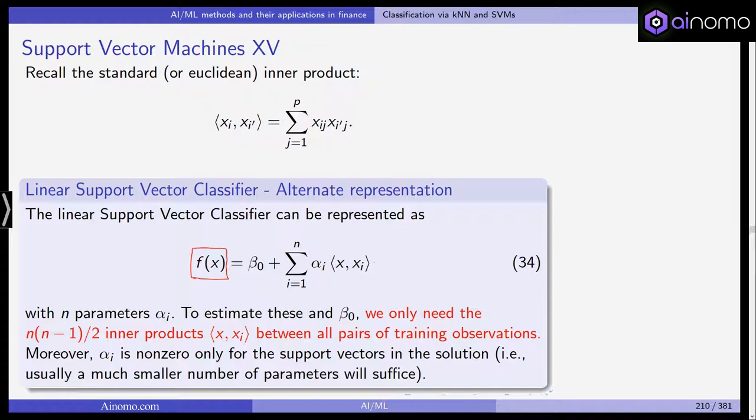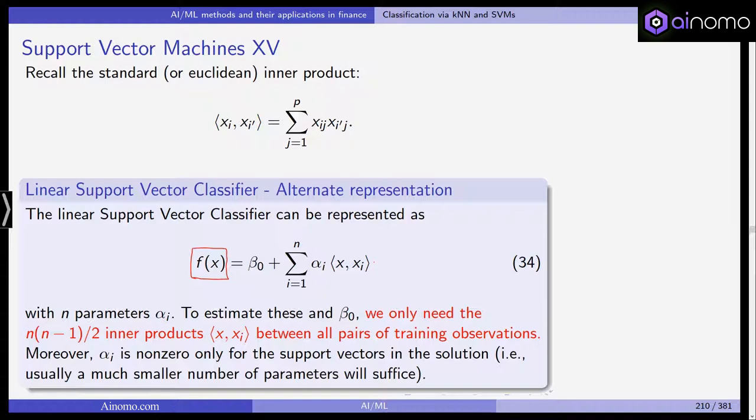To estimate these, we only need those n times n minus 1 divided by 2 inner products between all pairs of training observations. At first, this sounds like a lot. If we are looking at a big data sample, with like 1 million observations, then we would have 1 million times almost 1 million divided by 2 inner products, and we have n observations and n parameters.